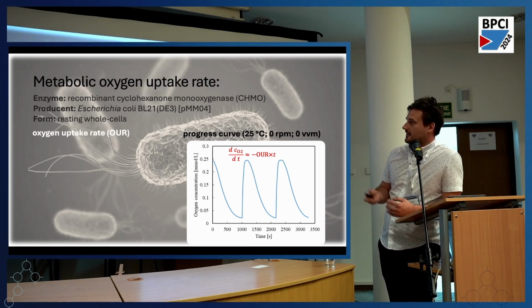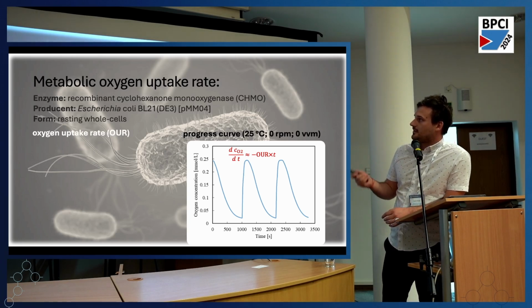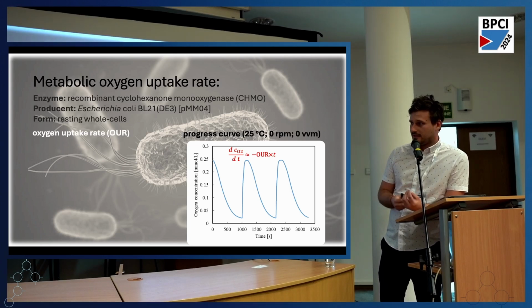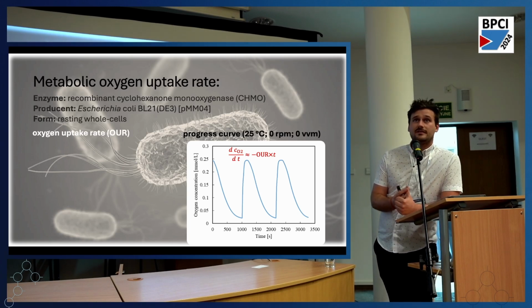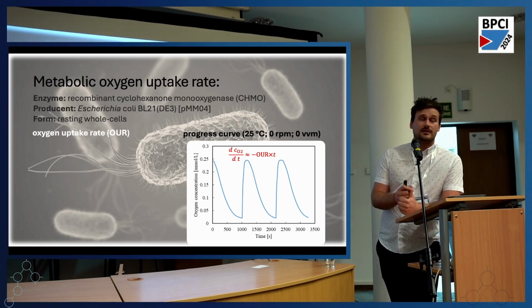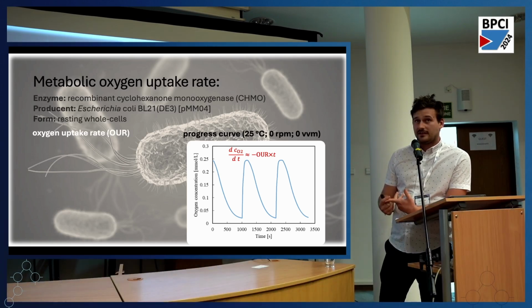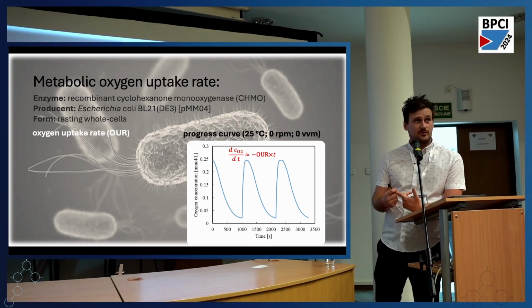So that means in biocatalytic BV oxidations, oxygen is consumed in 2 simultaneous ways. The first one as an essential nutrient in the metabolism to keep the cells viable, and the second as the substrate of the oxidative reaction.